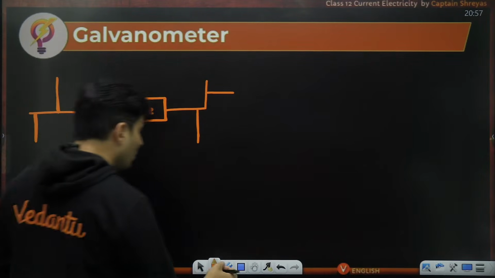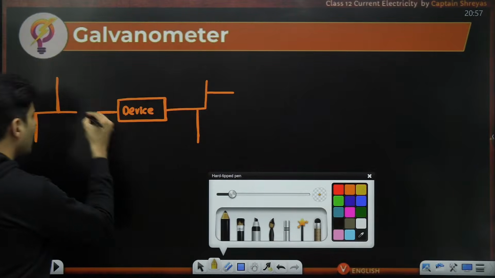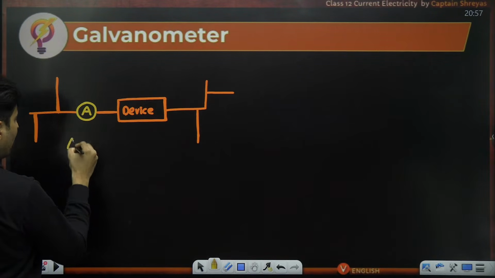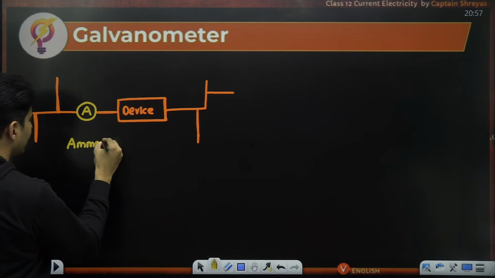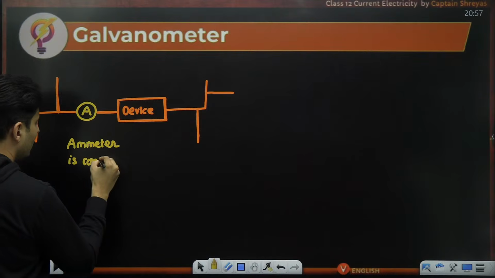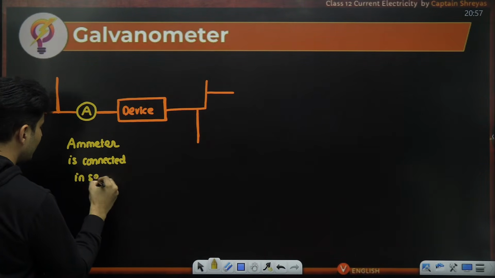It is obvious that you'll have to cut the wire, and you will place the ammeter over here. So ammeter is always connected in series.